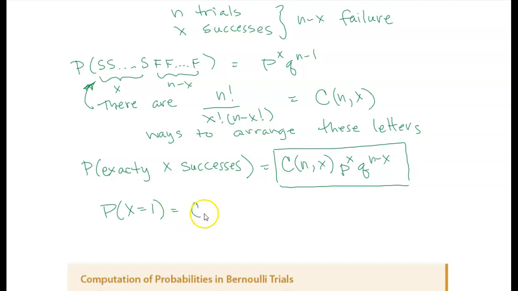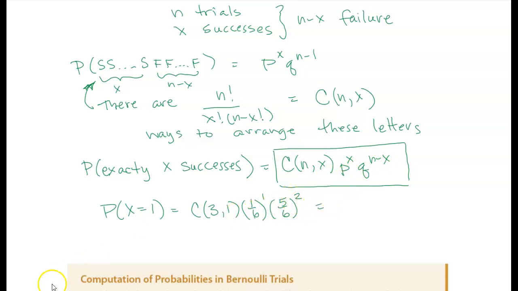And so we're going to take the combination of 3, n is 3, right? Choose 1, and we're going to multiply times probability. So the probability of success is 1/6 to the x, which is 1. So I should probably say 1/6 to the first power, times 5/6 to the 2, and that's n minus x, so 3 minus 1, which is 2.